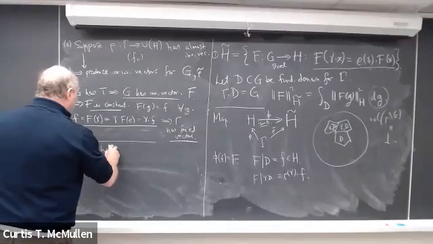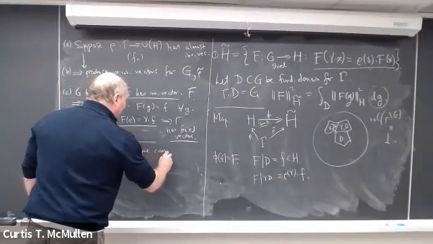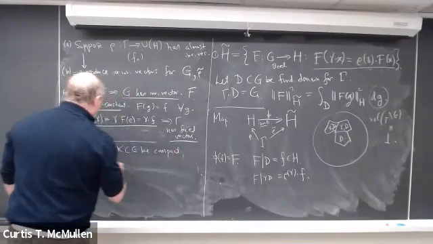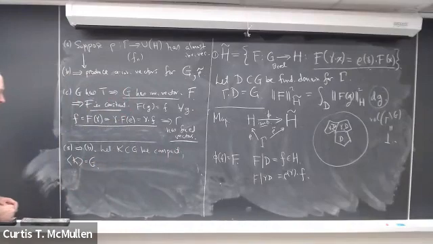So we let K contained in G be compact. And if you like, we can assume it generates G. And then we want to find vectors that are almost invariant under this.